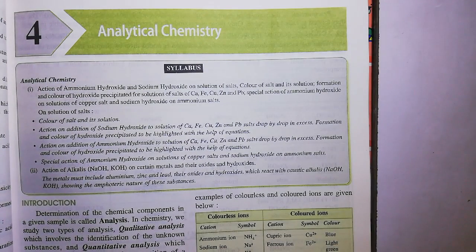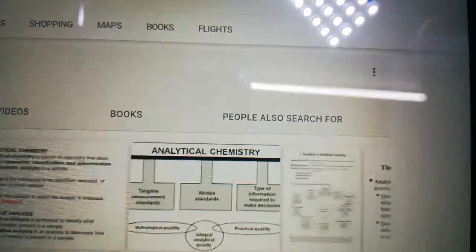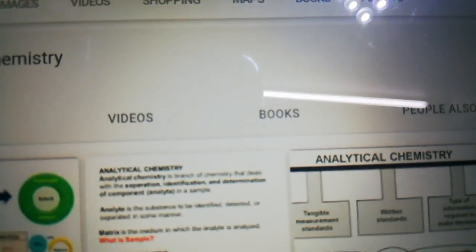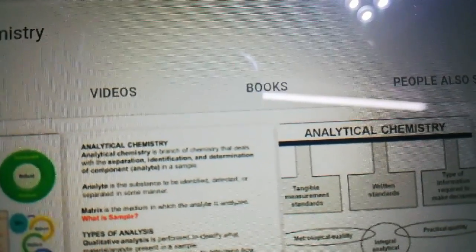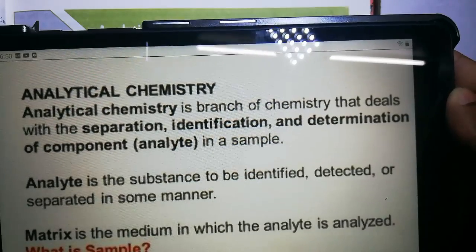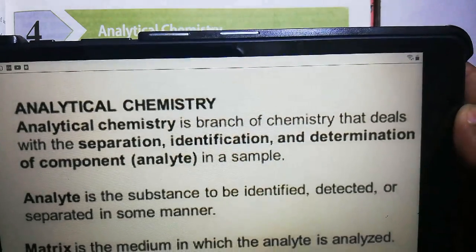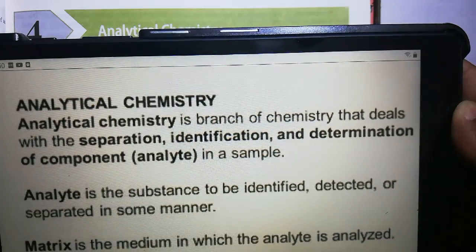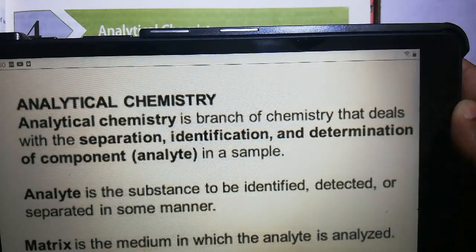What is analytical chemistry? According to Wikipedia, analytical chemistry studies and uses instruments and methods used to separate, identify, and quantify matter. So, analytical chemistry is a branch of chemistry that deals with the separation, identification, and determination of components in a sample.